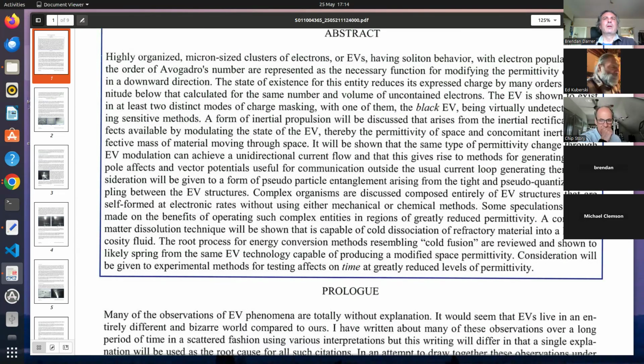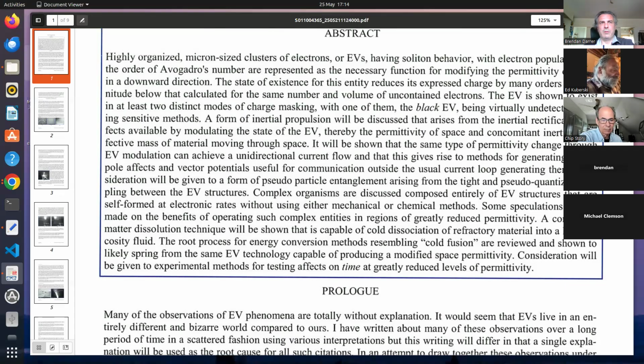It will be shown that the same type of permittivity change through the EV modulation can achieve a unidirectional current flow, and this gives rise to methods for generating monopole effects and vector potentials, useful for communication outside the usual current loops generating them. Okay, so generating monopoles and vector potentials is very, very important.